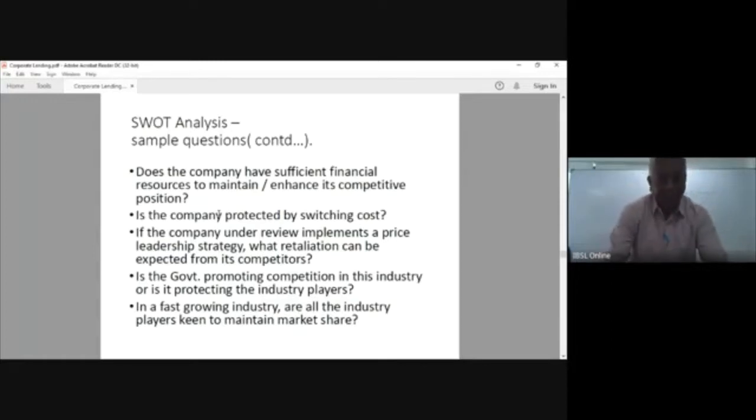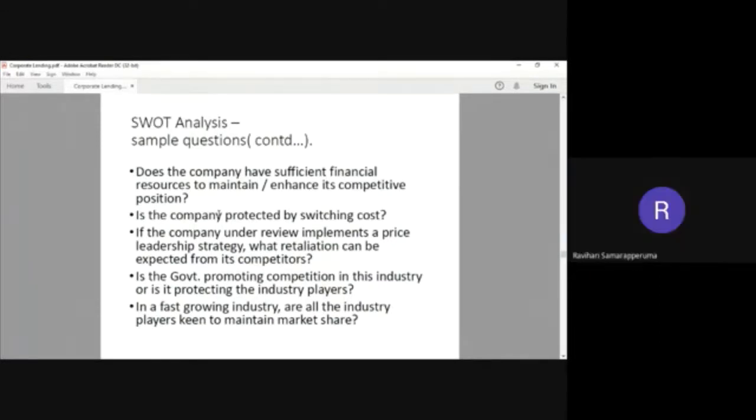Now the other one. You are reviewing a company. If the company under review implements a price leadership strategy, that is, they reduce their price, either reduce or increase or whatever it is, but just say they reduce the price.